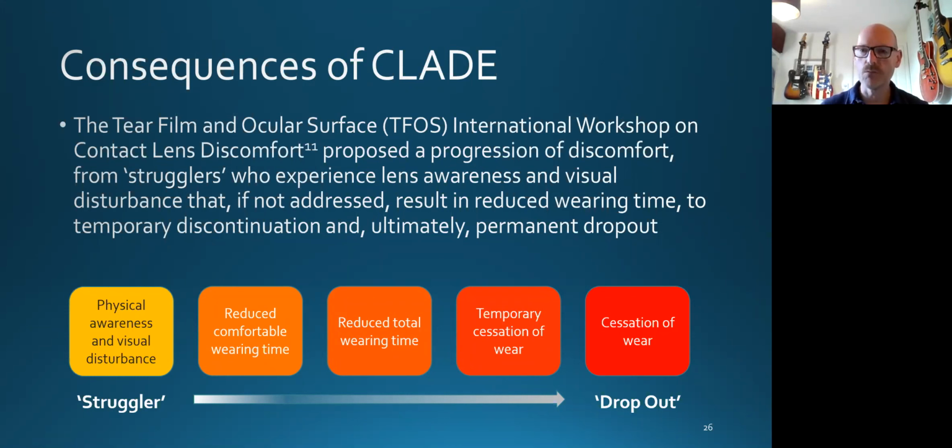We'd like to do everything we can to keep as many patients with the benefits of contact lenses. And the key takeout from this slide, and as I said, we will be sharing the slides with you, so you'll have an opportunity to refer back to these later, is that the earlier you can act on this scale, the sooner you can identify the problems, then the quicker you can act and the better chance you have of success.